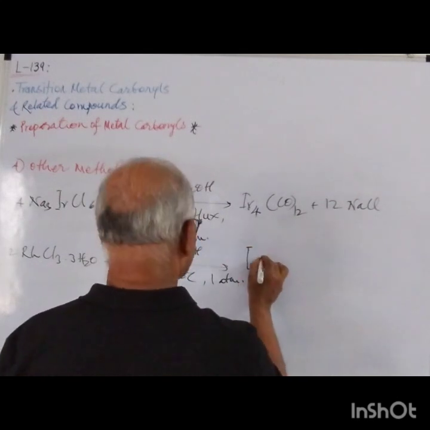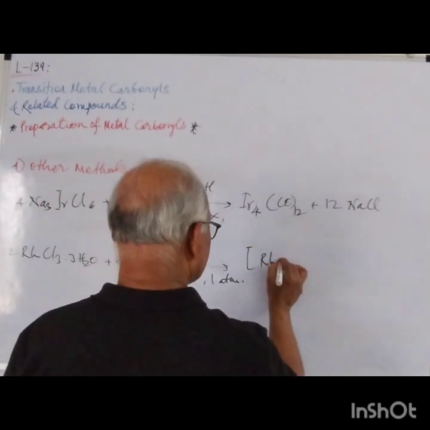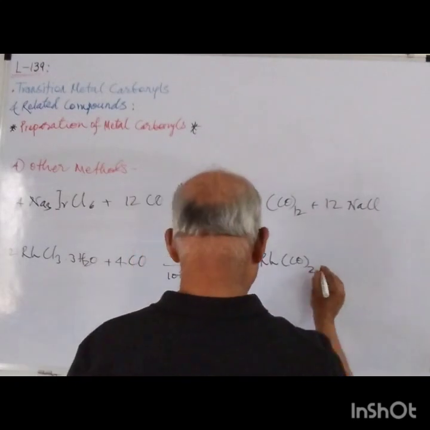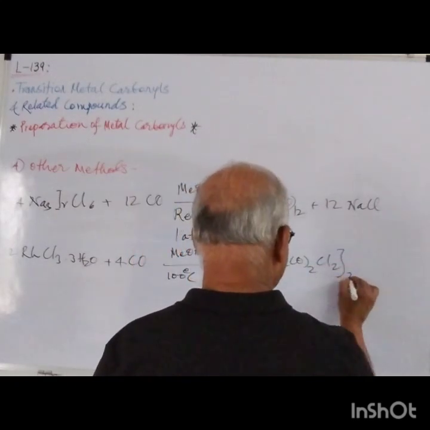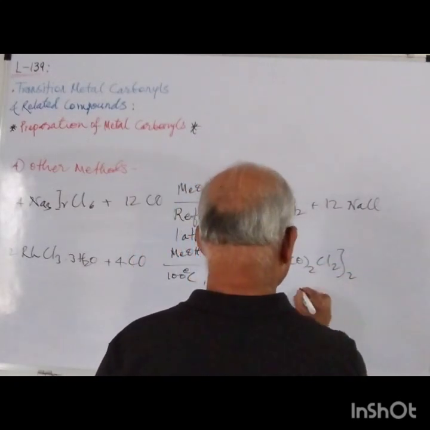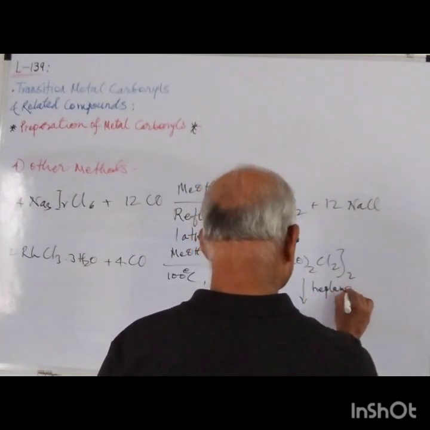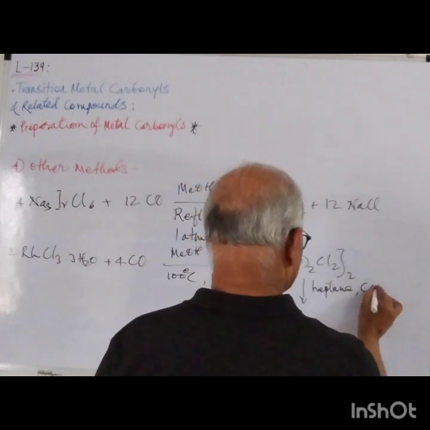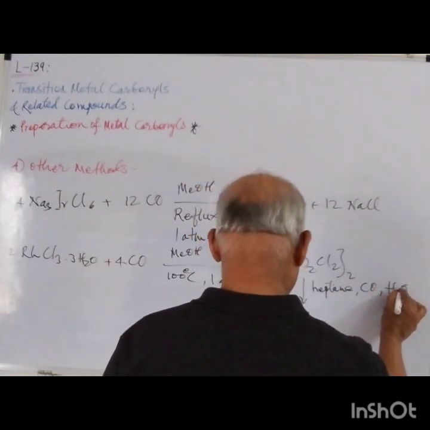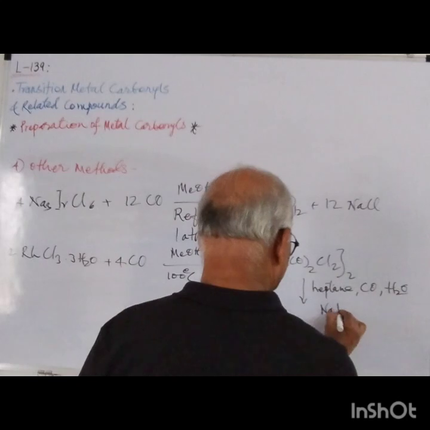Then it gives Rh(CO)2Cl2 twice. So this represents in heptane, using carbon monoxide and water and NaHCO3.